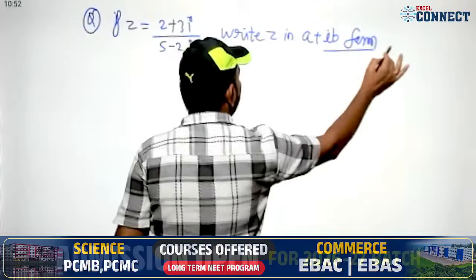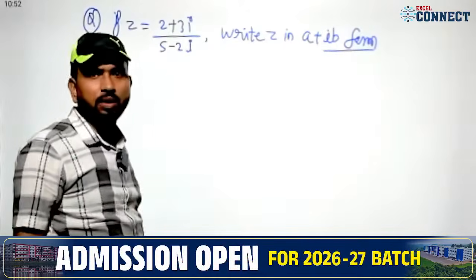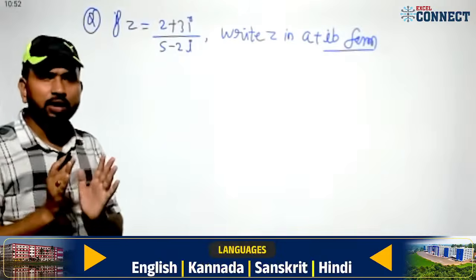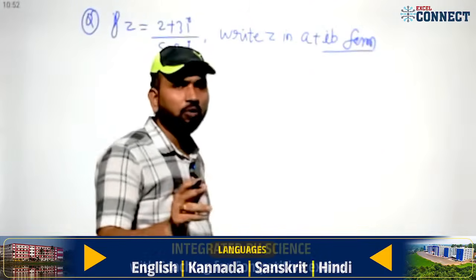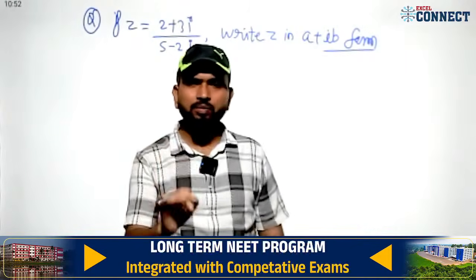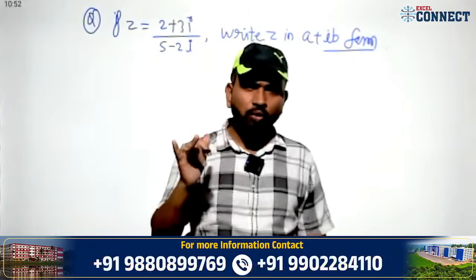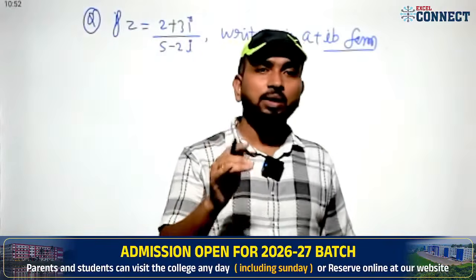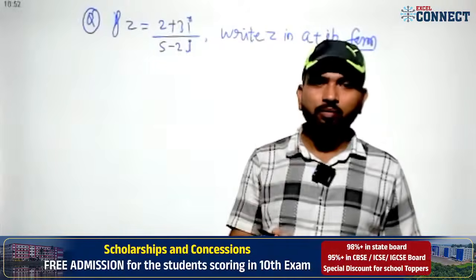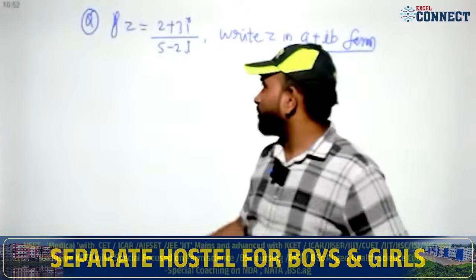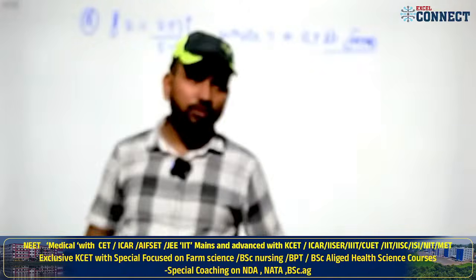If they are saying to write Z in A plus iota B form, the modulus is only the magnitude, so under root of A square plus B square. Now only understand under root of A square plus B square. The full detail of what modulus is I will discuss in the IIT syllabus. At that time I can draw all the diagrams.